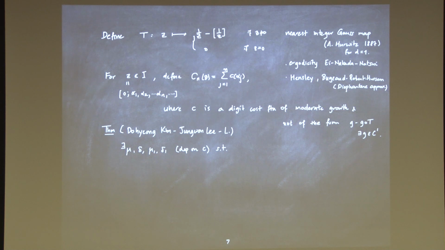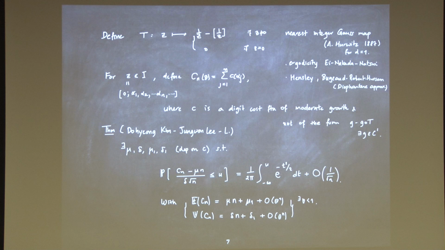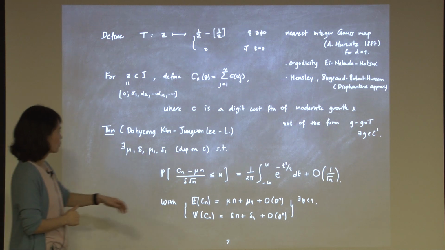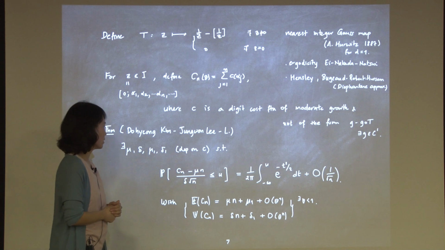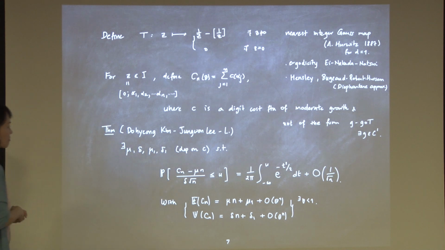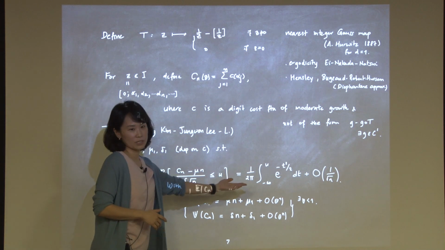Everything I say today is joint work with Dohyeong Kim and Jungwon Lee. We found out that it is still true. In other words, there are constants depending on the cost function c, so that (C_n minus mu times n) over sigma times square root of n is a normal distribution.